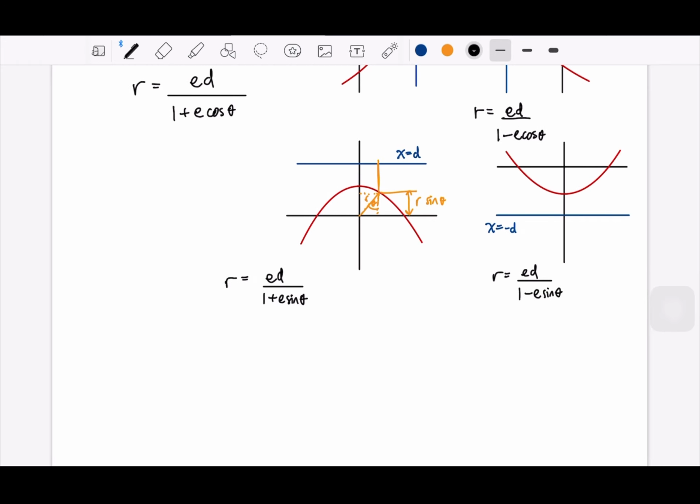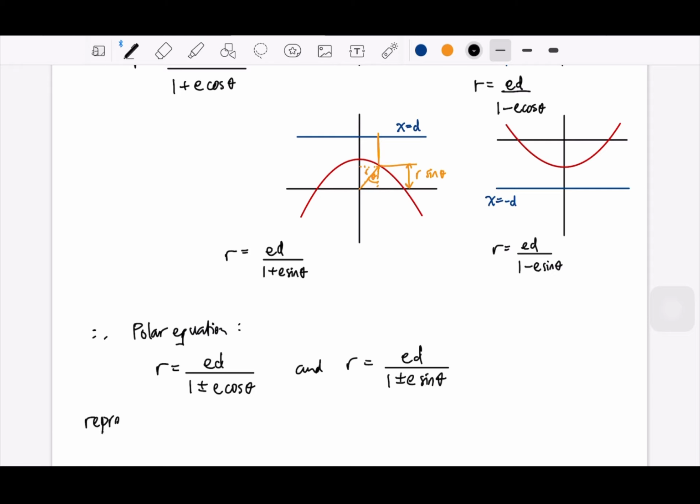Okay, so let me write a conclusion here. That is, the polar equation form: r equals ed over 1 plus or minus e cos theta, and r equals ed over 1 plus or minus e sine theta.